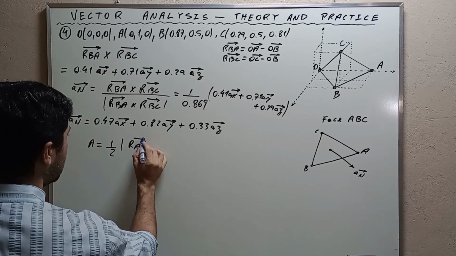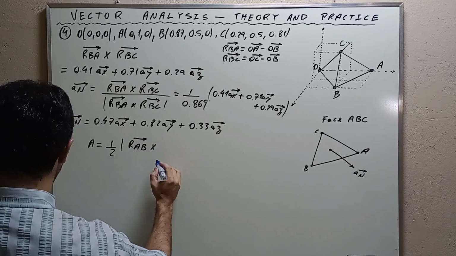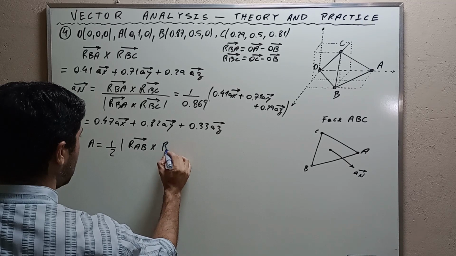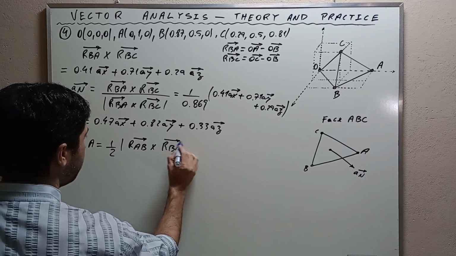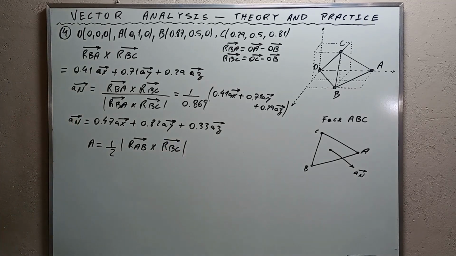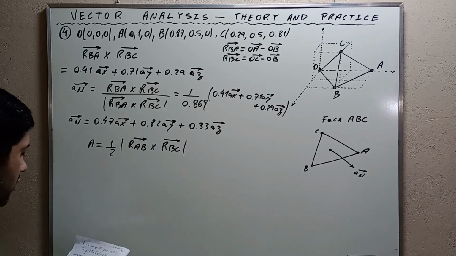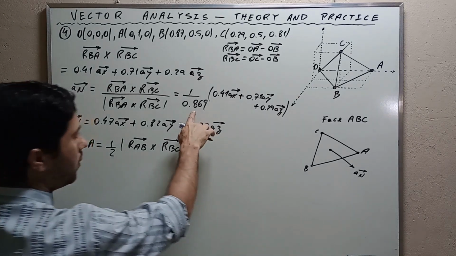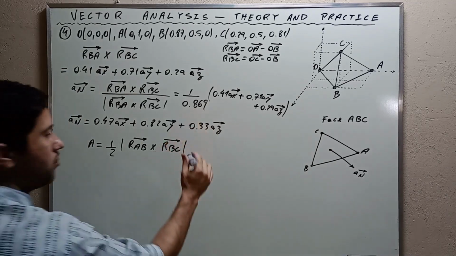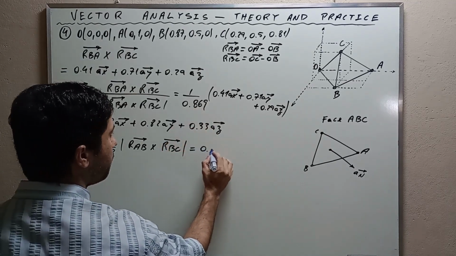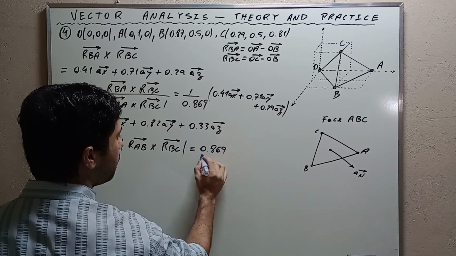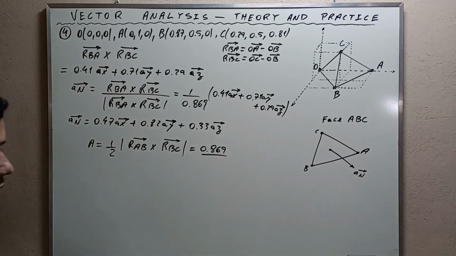RAB cross RBC, and we want the magnitude only, and this is simply the magnitude divided by 2.